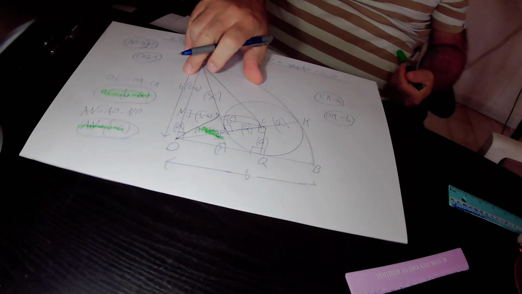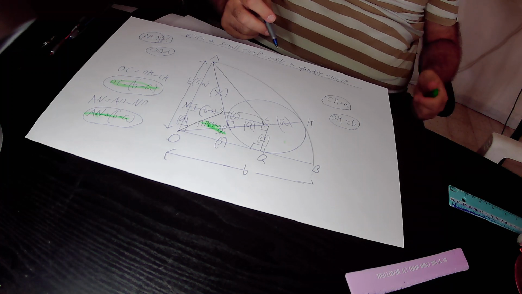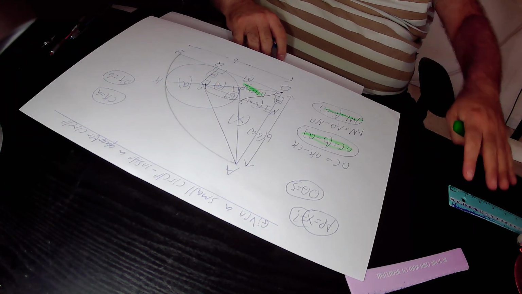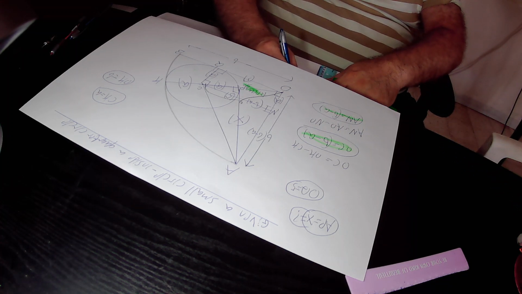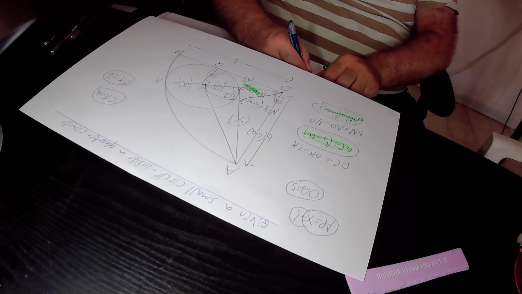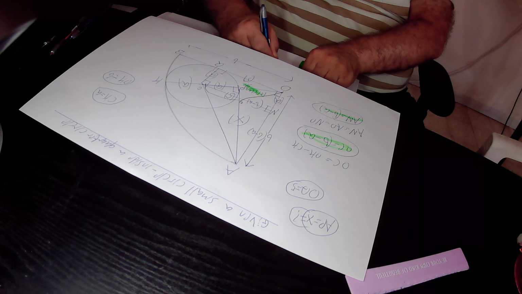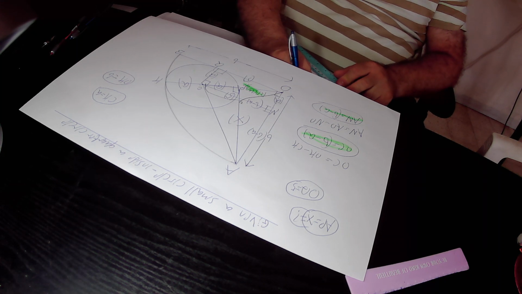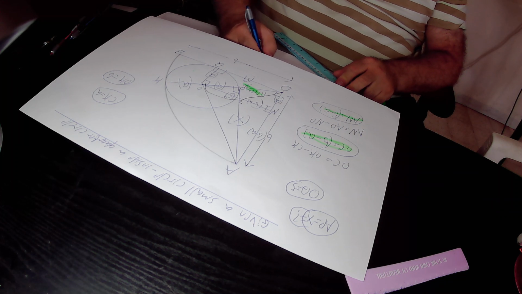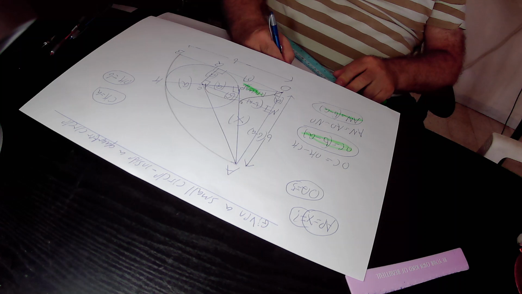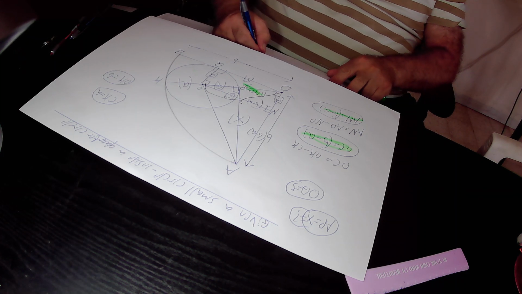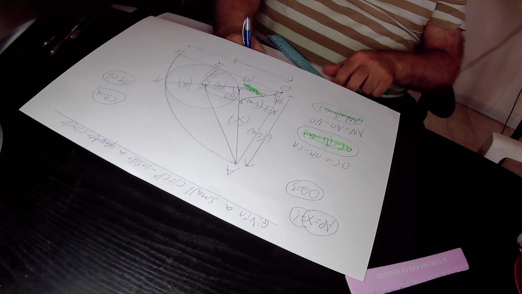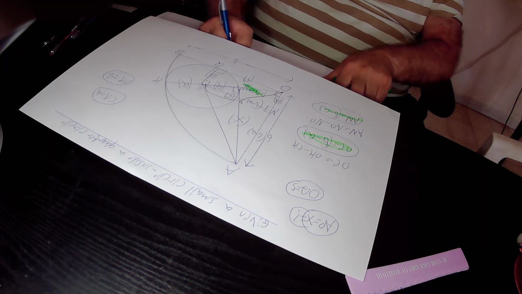In the next step, I'll copy the right triangle ACN to your page and we'll implement the Pythagoras theorem on this right triangle, triangle ACN. Here PT is a short version for Pythagoras theorem.